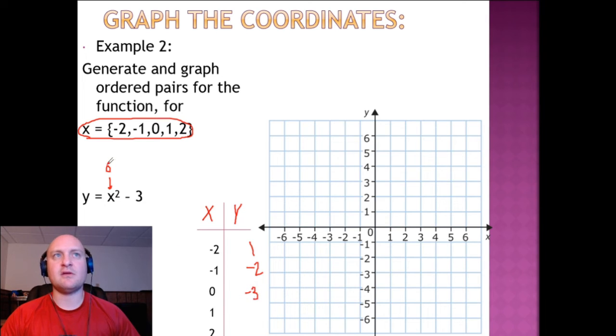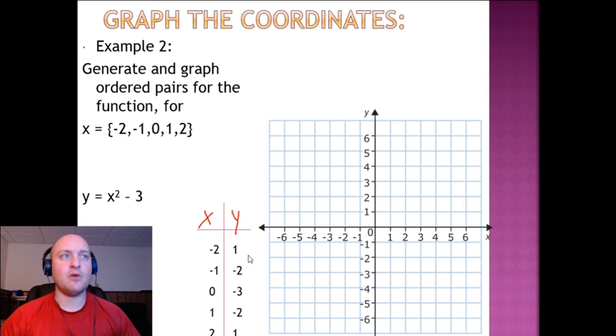And then I'll put in 1. 1 squared is 1. 1 minus 3, -2. And then I'll put in 2. 2 squared is 4. 4 minus 3 is 1. So these values that I had, 1, -2, -3, -2, and 1, all are my output values of y, and each of these ends up becoming a coordinate that I'll graph.